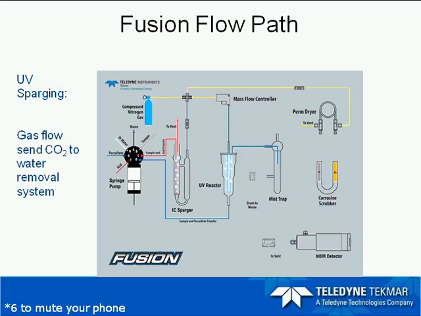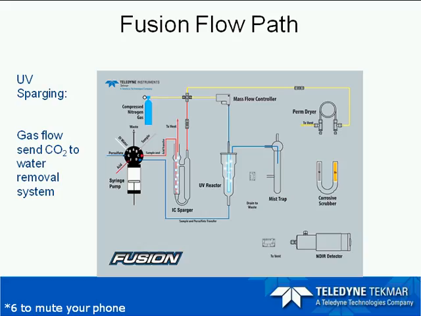Now the mist trap basically works by condensation. Inside the UV reactor, the water gets to around 90 degrees C because the UV lamp is very intense and bright. And so the gas coming out of the chamber is much hotter than ambient conditions.